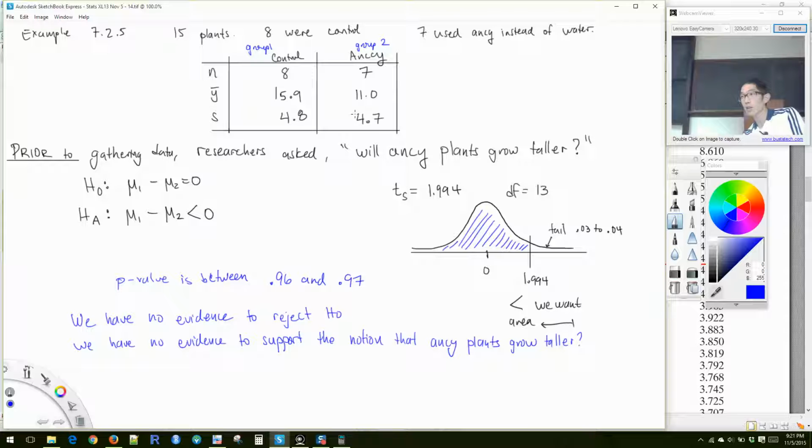I can ask, could the data I have possibly even support this notion? Just by looking at 11 and 15.9, I can say I'm not going to have any evidence to show that ANSI plants grow taller than the control plants. So I don't even have to do this test. I can do what's called a directionality check.